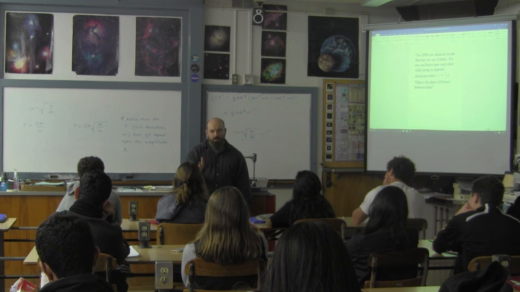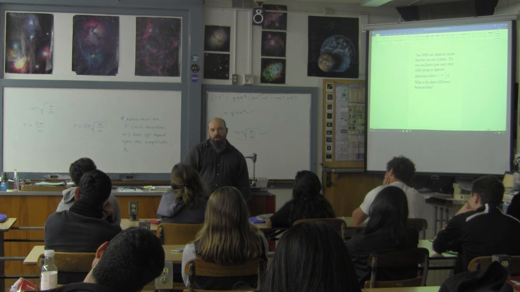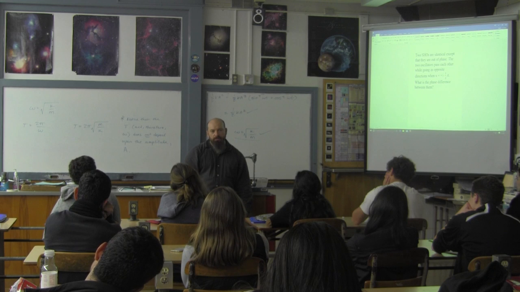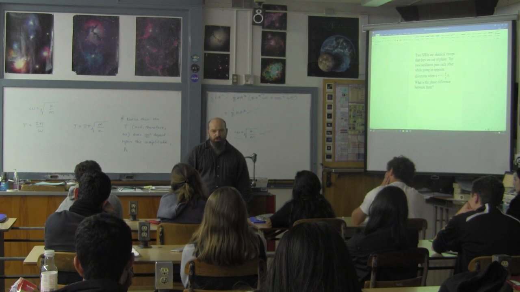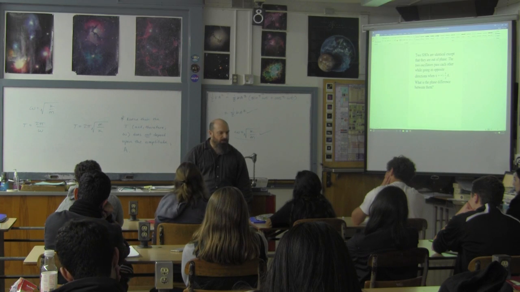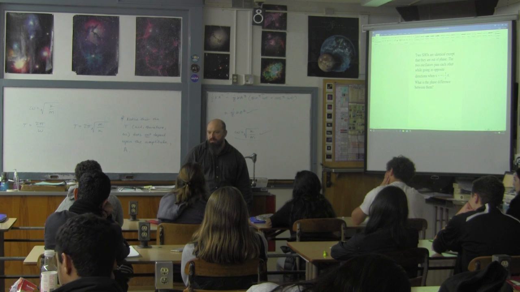In order to find your longitude, you need to know two precise times. You need to know what time it is at your location, and you need to know what time it is at the prime meridian, 0 degrees longitude. Now, where is 0 degrees longitude? It's in Greenwich, England.